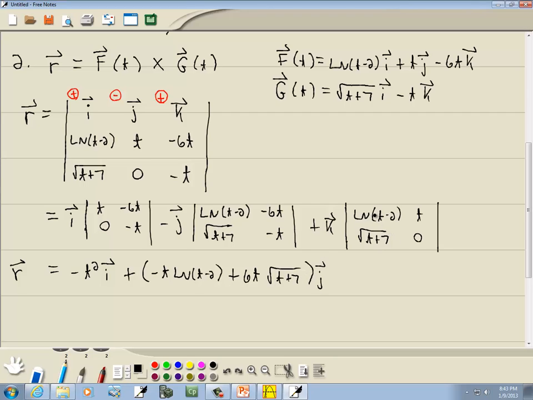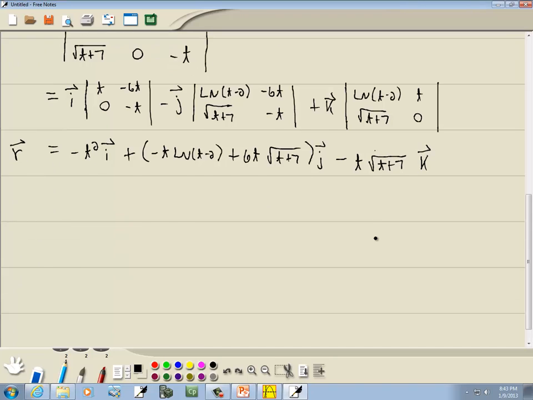And then over here, natural log of t minus 2 times 0 is 0 minus t times square root of t plus 7. So this becomes a minus t times the square root of t plus 7 k.